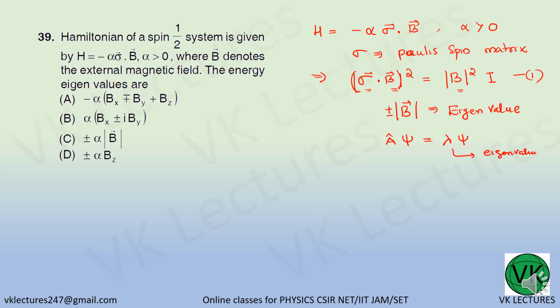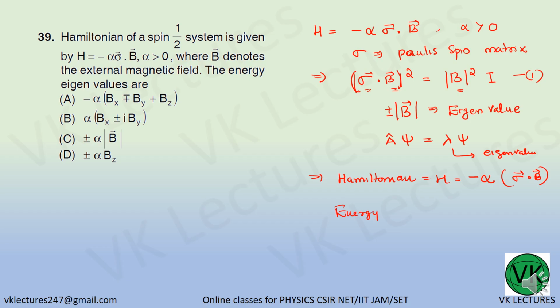Now if B is the eigenvalue, from the Hamiltonian as given in the question, H is equal to minus alpha sigma dot B. You can write energy is nothing but the eigenvalue.